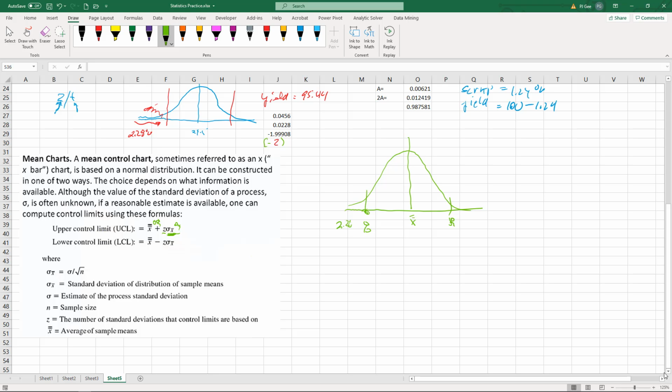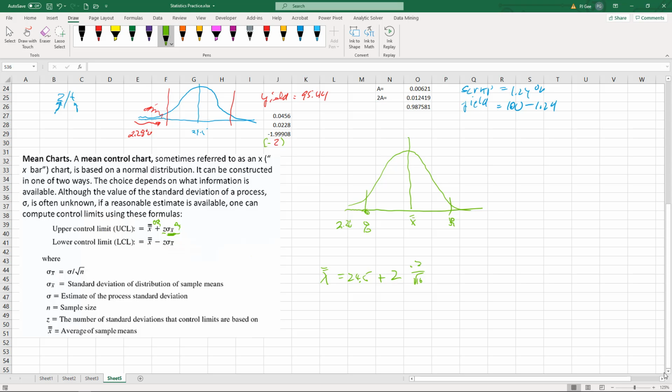So x double bar is going to be equal to 24.5, right? And so we need plus and minus. The number that we came up with here, we're just going to take the absolute value. We just need the magnitude of the z. We don't need the direction. So we're going to add the z, but degraded by 0.2 divided by the square root of 16, which would be 4.